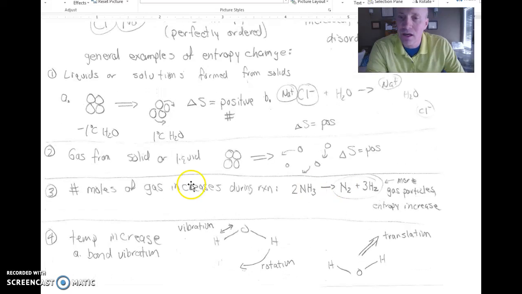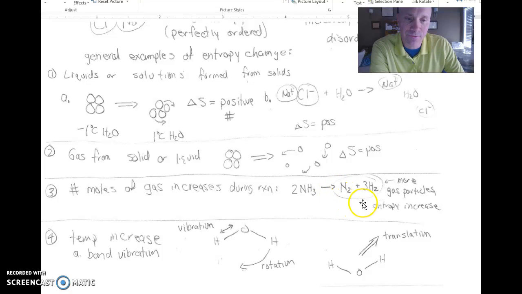All right, one other thing that would be associated is whenever the number of moles increases during a reaction. So this is a reaction that we talked about a while ago. This is actually a reaction that the reverse of it can happen. But if we're just talking about the forward process here, total number of gas particles, we've got 2 total gas particles here.